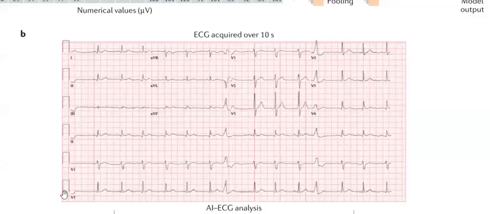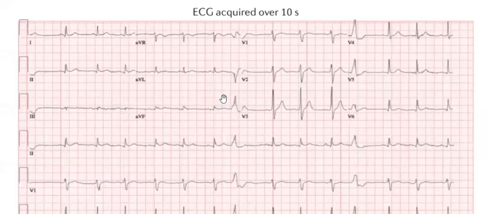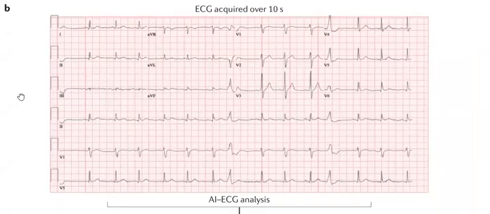So this is the ECG paper. You will be able to see this paper when you receive an ECG. After doing an ECG, you will get this paper. What do we have to see? This is the biggest question.